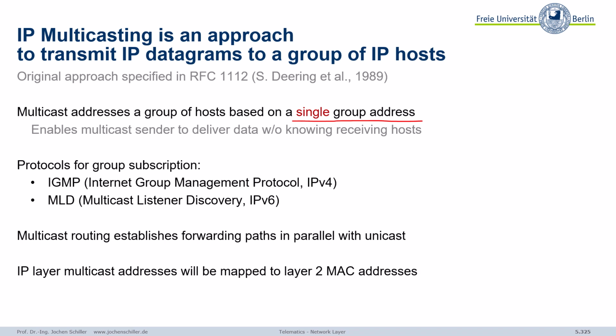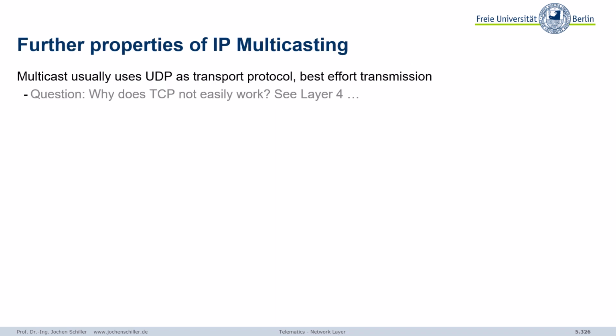And also we have to map multicast addresses to layer 2 addresses, because in the end we have to deliver our multicast stream to a specific host. Okay, so how does it work? Well, first of all, some more properties. Typically, we use UDP, more in the next chapter on what this exactly is, as a transport protocol. We don't use TCP and, well, why, see layer 4?